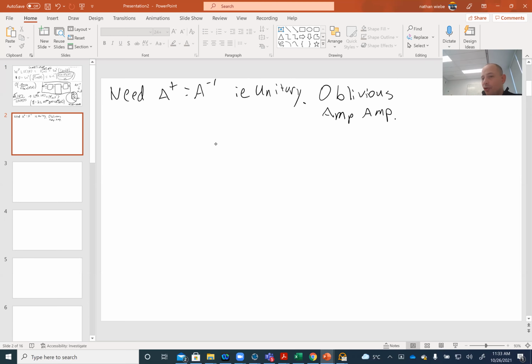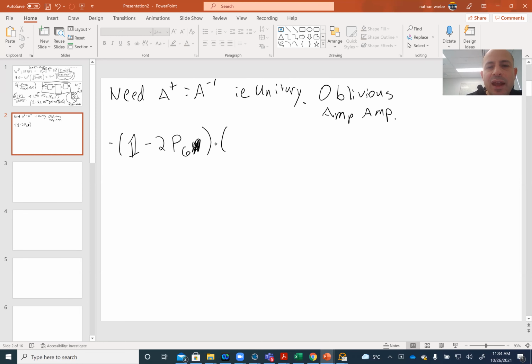Okay, so let me show you how it works. Oblivious amplitude amplification consists of two reflections, just as it did previously. The two reflections are of the form identity minus 2pg over here, just like before. We'll put a minus sign here for aesthetic reasons.